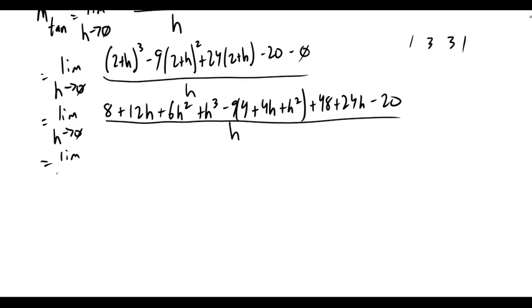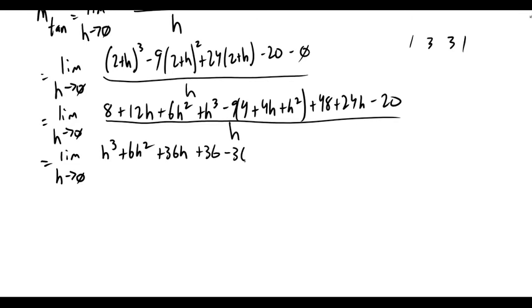Equals the limit as h approaches 0. If you want to collect like terms at this point, you can. So we can put it in order. So h cubed, I've got 1 squared term. I've got 12h and 24h. So that's plus 36h. And then 48 minus 20 is 28, plus 8 is 36. And then I'm expanding this last little bracket here.